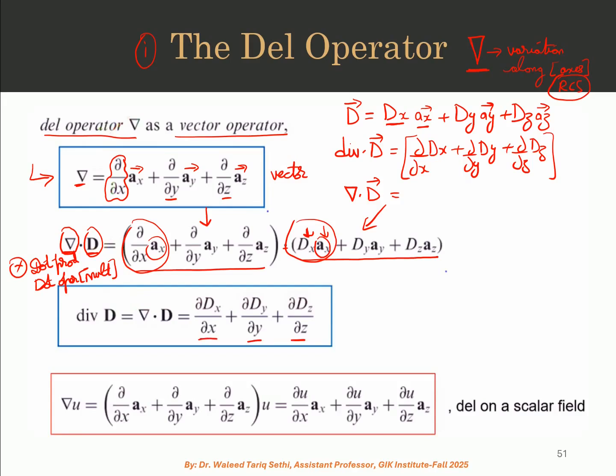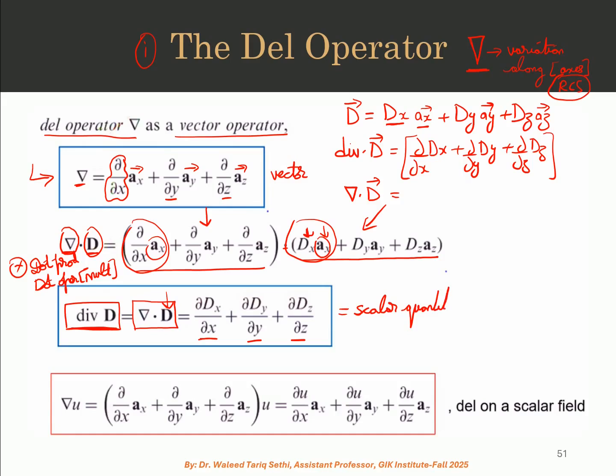So we can say that this operator del, when multiplied with any vector, in this case the electric flux density D, is equal to the expression which we saw previously. That's why we can say it is equal to the divergence of D. This expression as a whole gives us the operation of the del operator with the electric flux, which is represented as divergence of D, and you can see that its output is a scalar quantity.